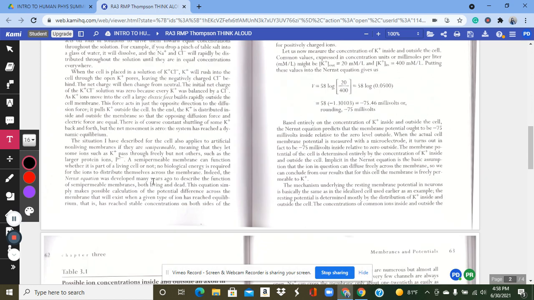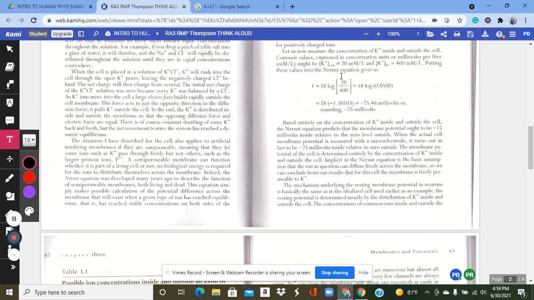So when the cell is placed in a solution of potassium chlorine, potassium will rush into the cell through the open potassium pores, leaving the negatively charged chlorine behind. The net charge will then change from neutral.